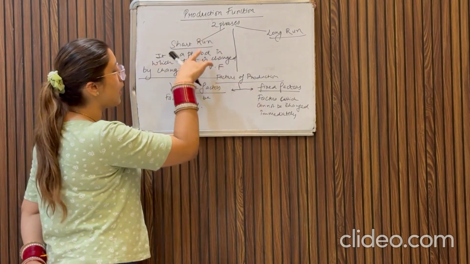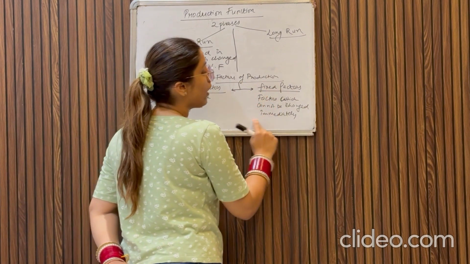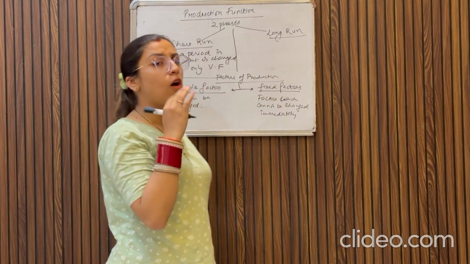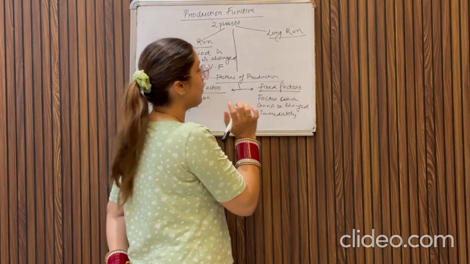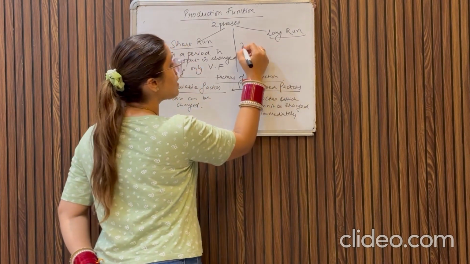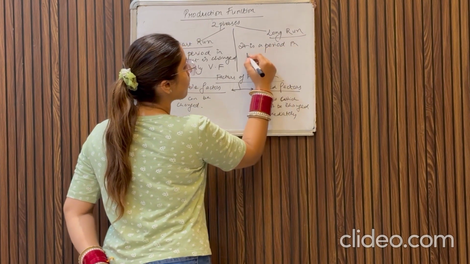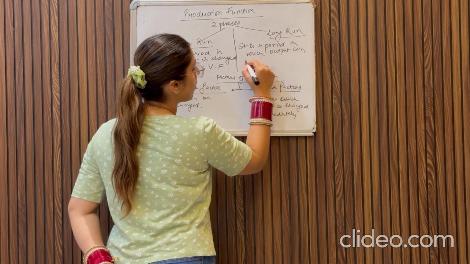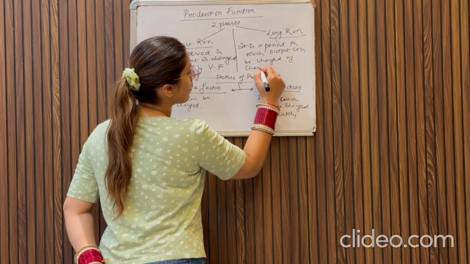So in the short run, you can only change your variable factors and you cannot change your fixed factors. So that period in which output is increased only by increasing the variable factor and not by the fixed factors is the short run. While the long run is a period in which output can be changed by changing all the factors.